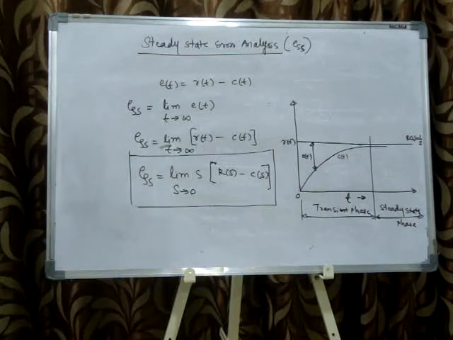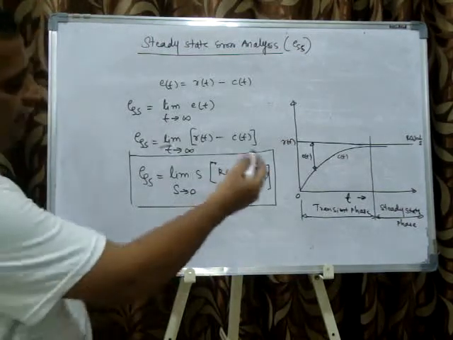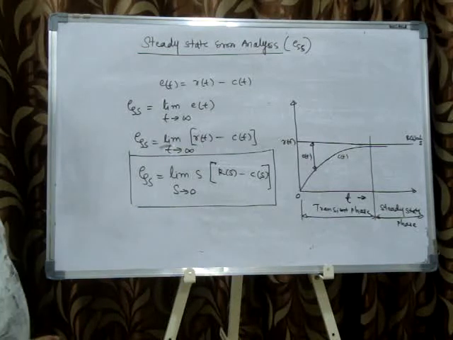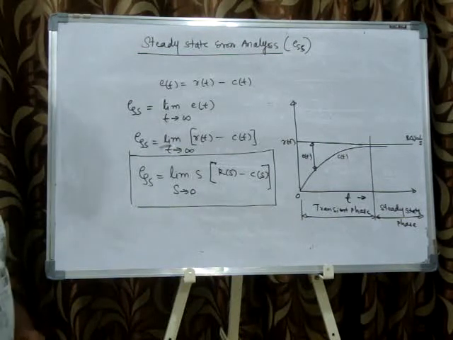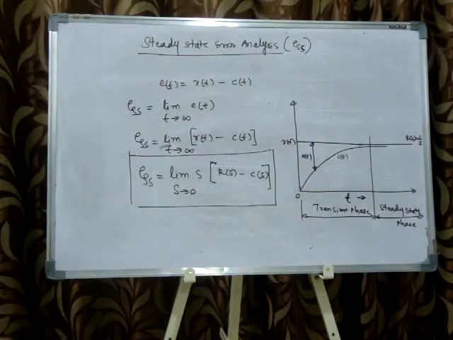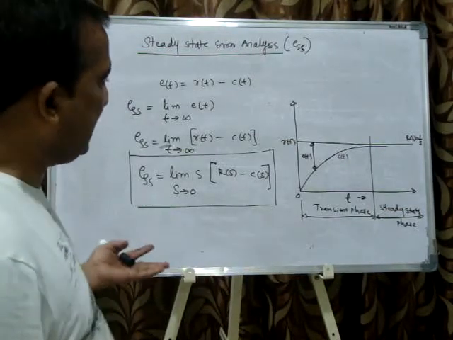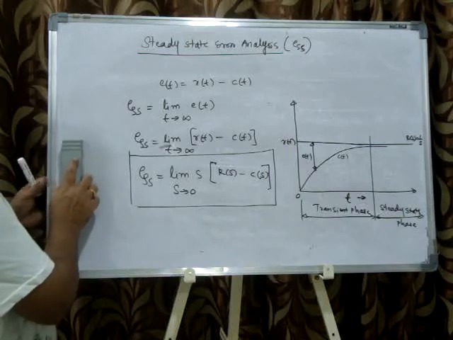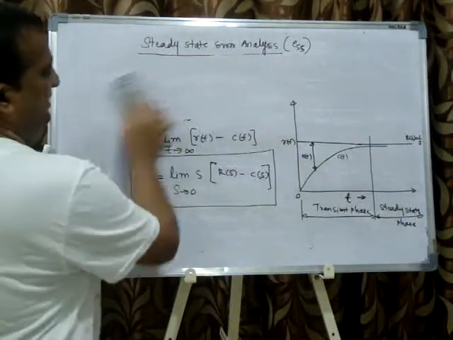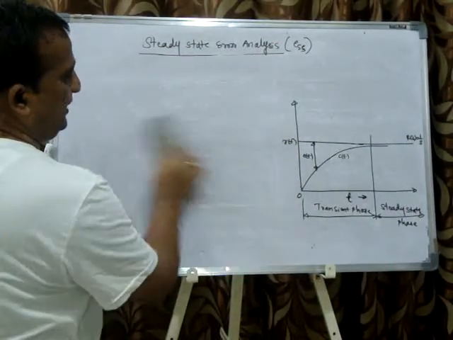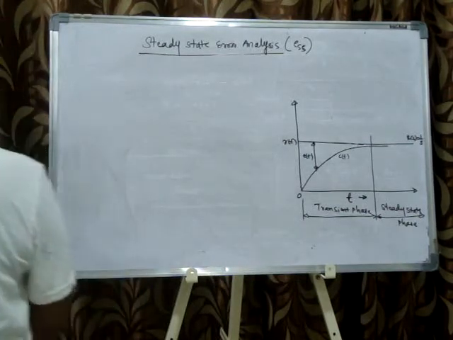Because I know R(s) and I know C(s), I will find the steady state error in this case. The steady state error may be 0, may be some positive value, or may be infinity also. Now in this case, how much is the steady state error?